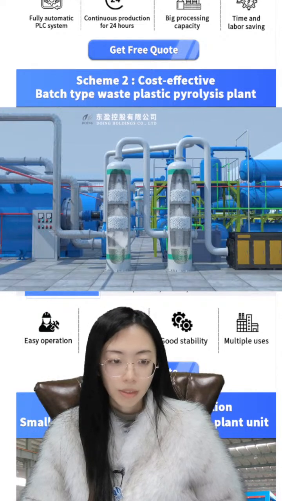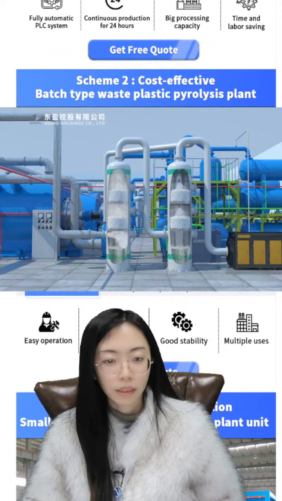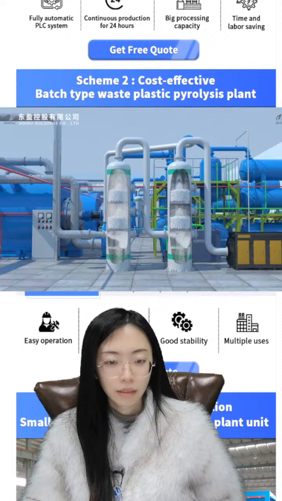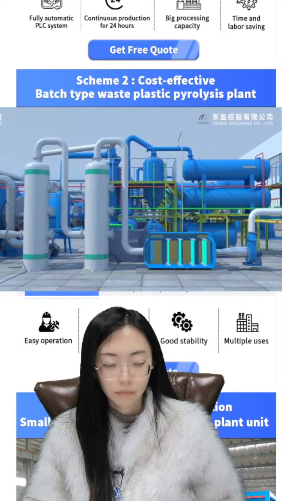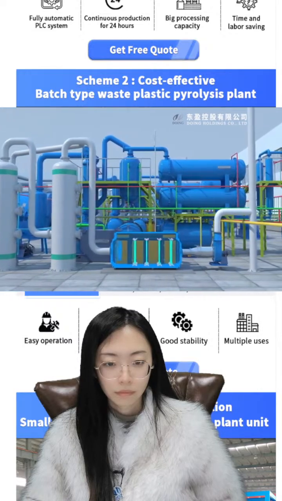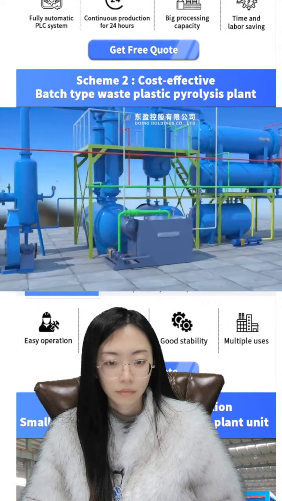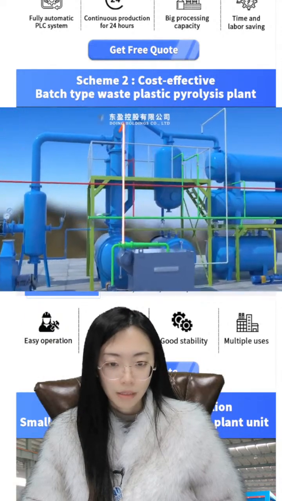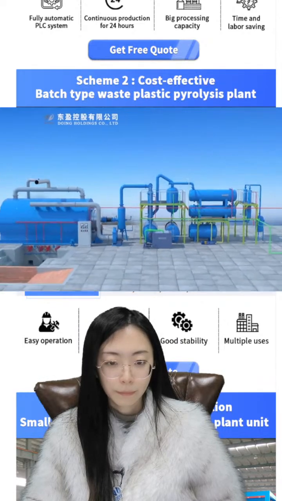This is the removal system, a purification system to purify the smoke that we need to emit. The vacuum device prevents flash explosion.